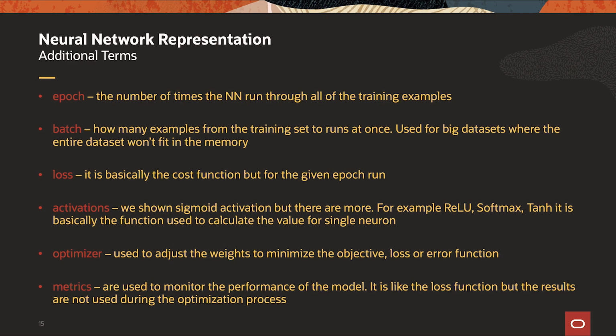Basically, this is what is used to compute the partial derivative and see if there is actually optimization. This is your optimization objective. And the metrics you see in some neural networks are used to monitor the performance of the model. It's like the loss function, but it does not result in something that is used during the optimization process.